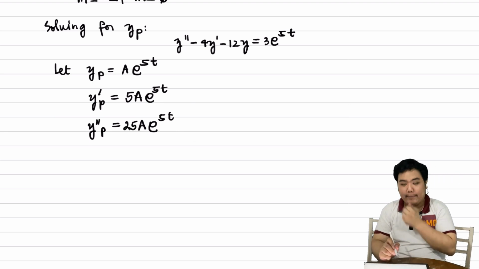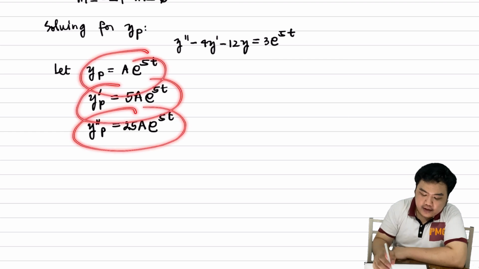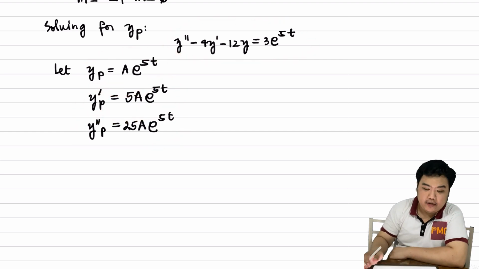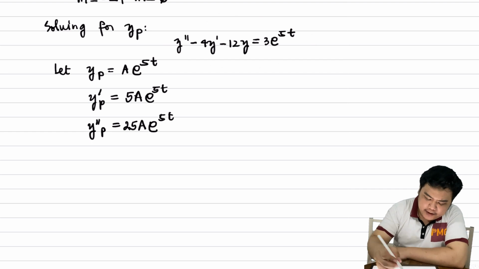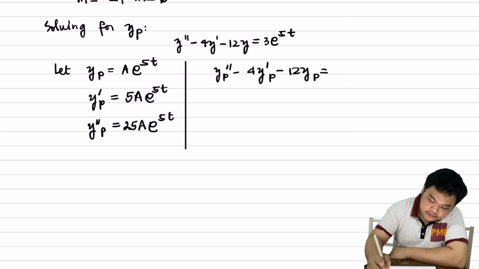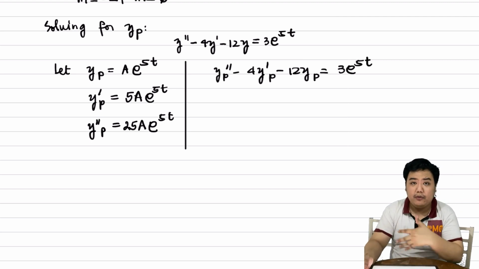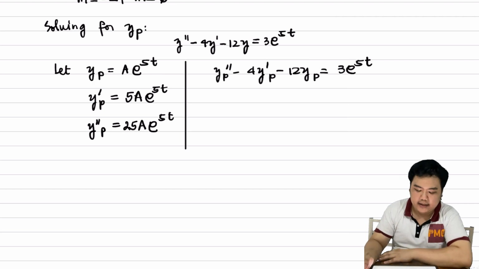Okay. Next, substitute na itong mga bagay na ito dito sa ating differential equations. Ito yung mahabang part. Dahan-dahan lang pag gumagawa kayo nito. Kasi ayaw natin magkamali. Kasi isang mali lang natin dito sa buong process, mamamali lahat ng sagot natin.